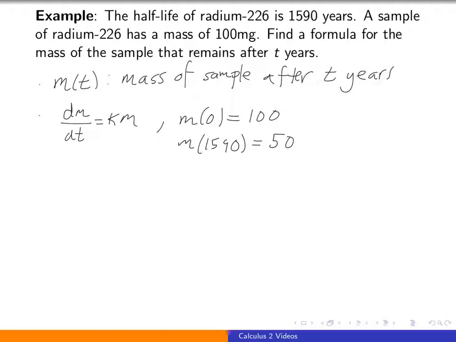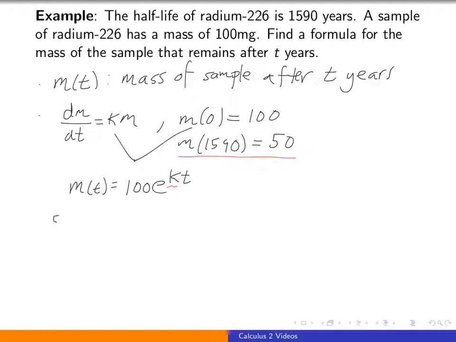So the first initial value combined with this differential equation tells us the solution is going to be m of 0 times e to the kt. And then the second initial value is going to allow us to solve for this unknown constant k. And hopefully what we see is that this constant k is in fact negative, so that we have the decay that we hope to see.